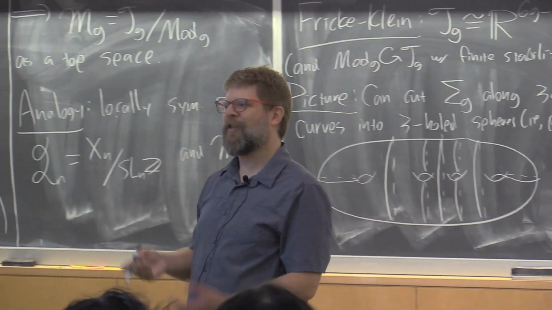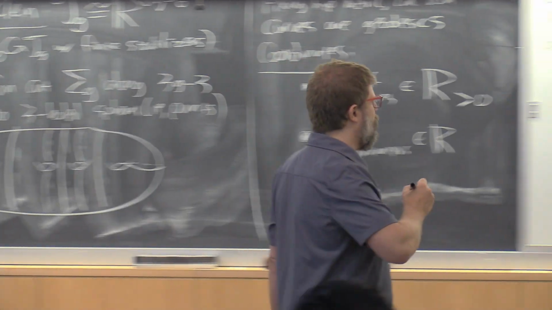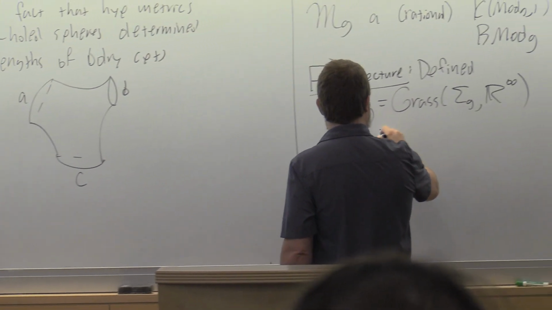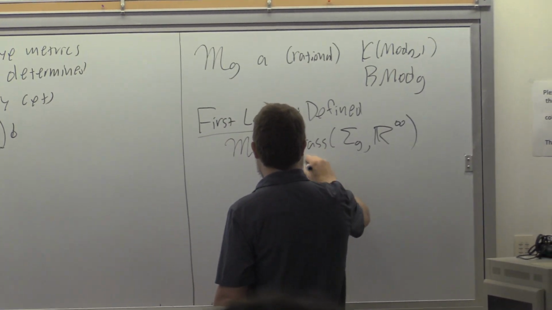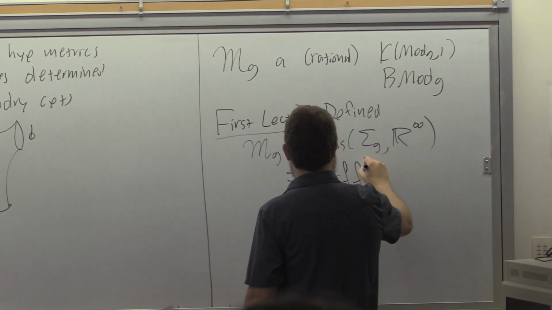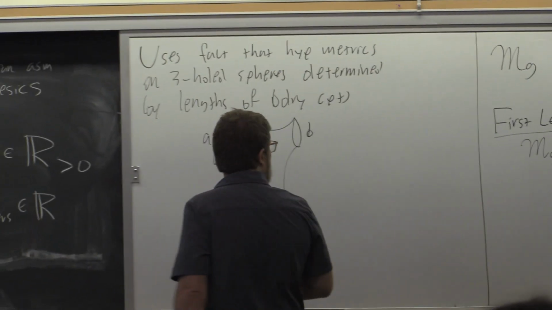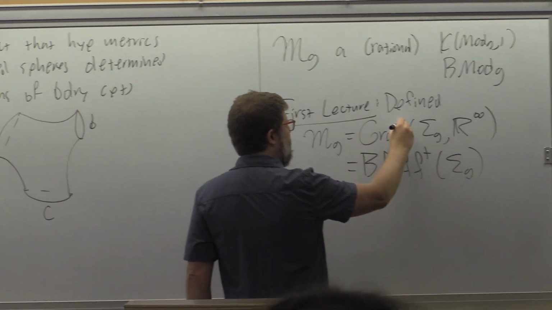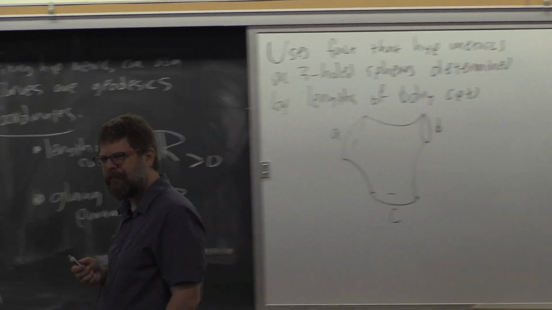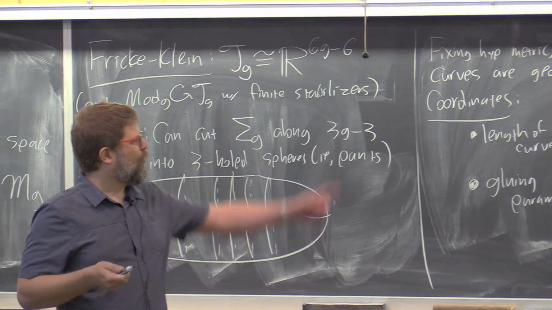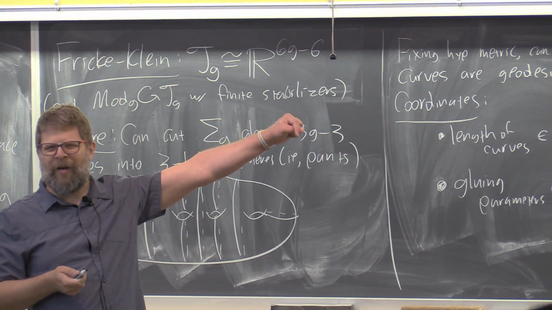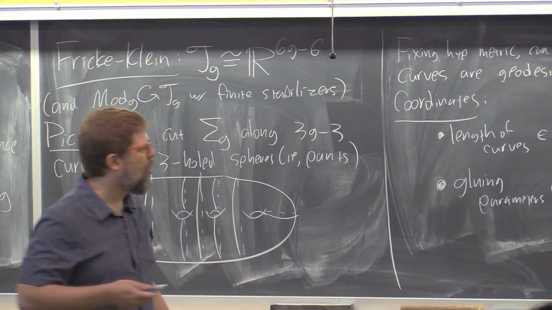The moduli space of surfaces is equal to a classifying space for the topological group Diff⁺ of Σ_g, the orientation-preserving diffeomorphisms. Okay? These don't look like the same thing, but I claim that they have the same homotopy type.